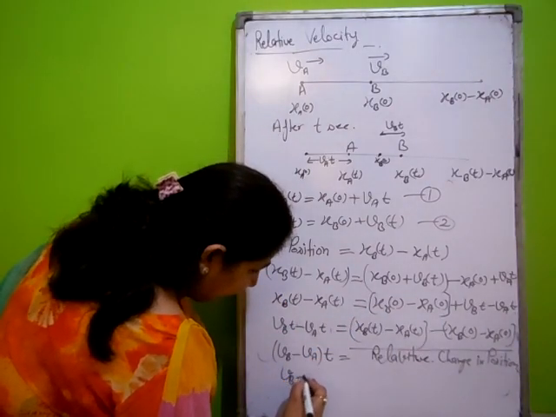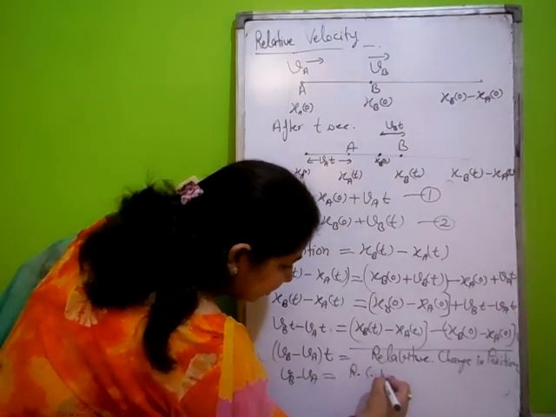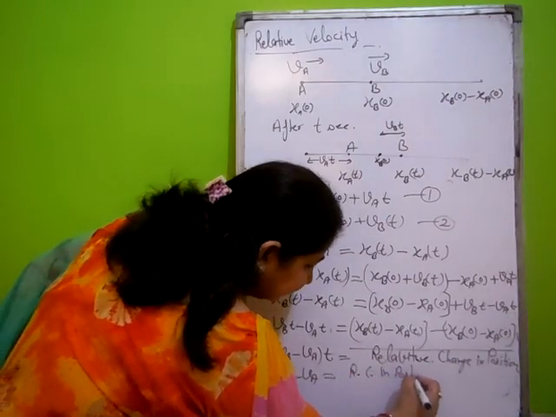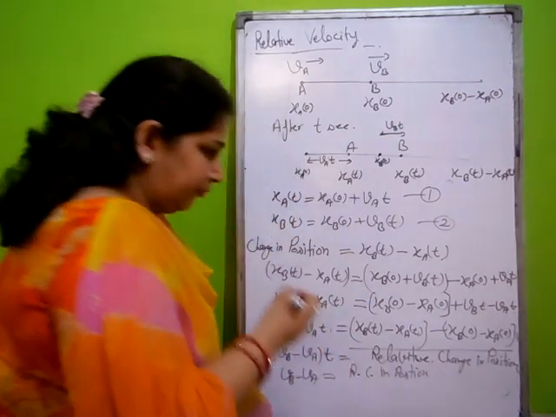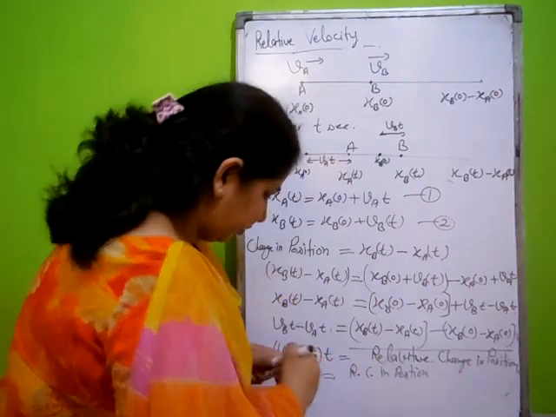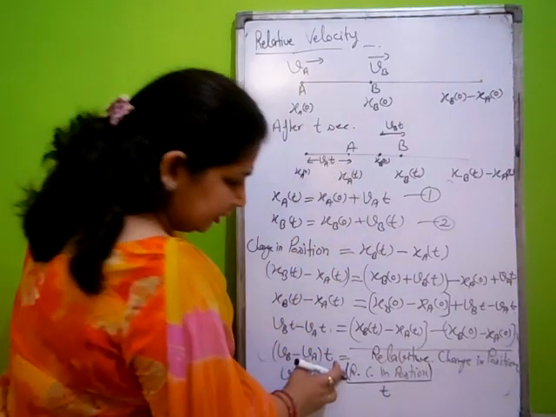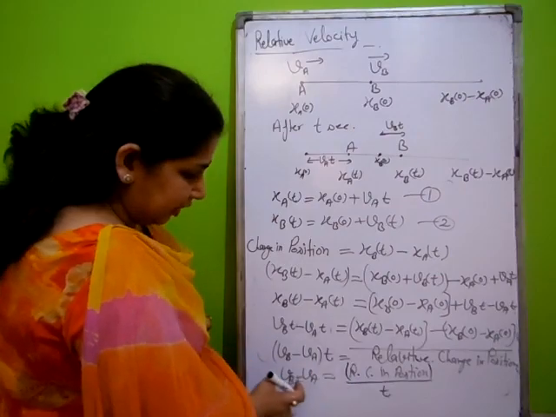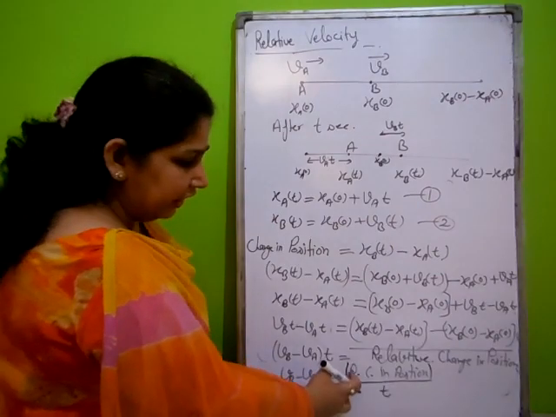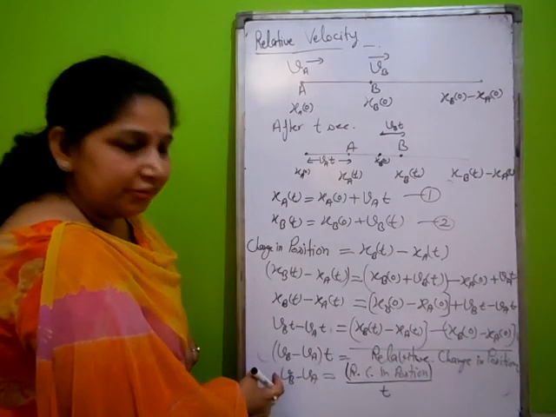VB minus VA is equal to relative change in position divided by t. Change in position with respect to time is called velocity. Here relative change in position with respect to time is called relative velocity.